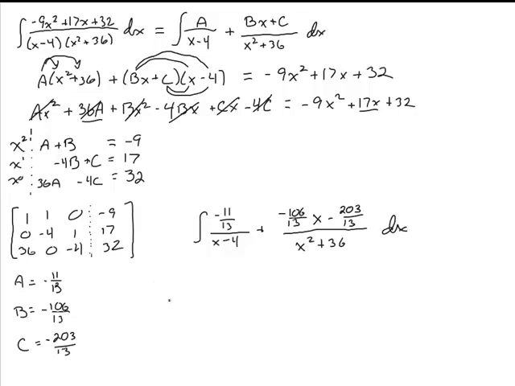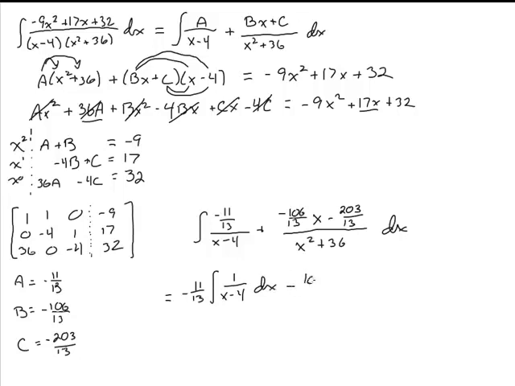All right, here's what we're going to do. I'm going to start pulling out fractions, and I'm also going to rewrite this one because right now, having that linear with a y-intercept over the quadratic isn't good for us. So I'm actually going to split that into 2 separate fractions. The other thing I'm going to do is pull all the constants out front to make this a little bit easier to look at. So negative 11/13 times the integral of 1 over x minus 4 dx, and I'm going to split them into separate integrals.